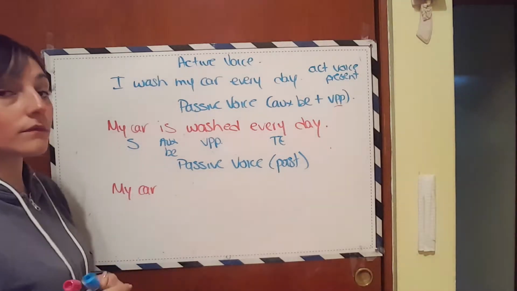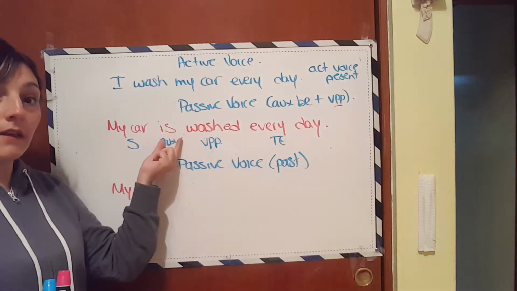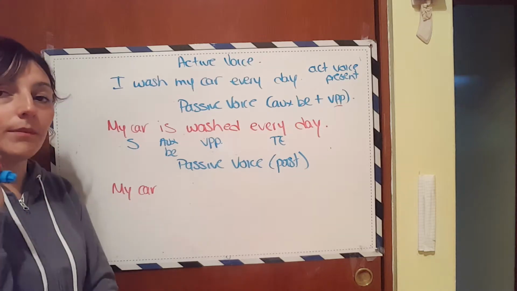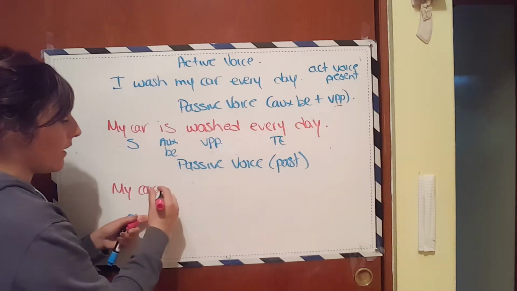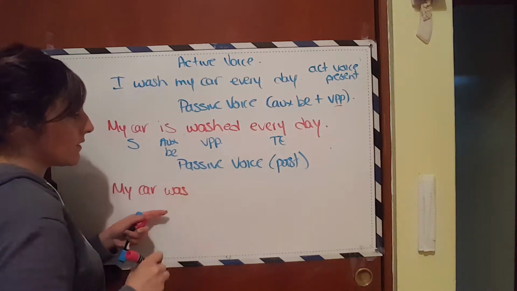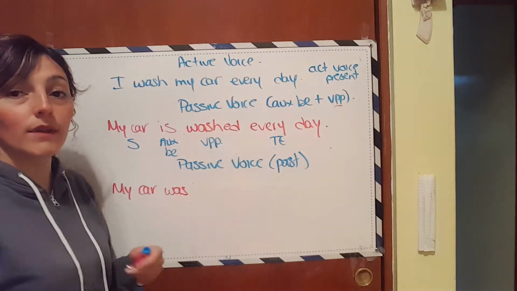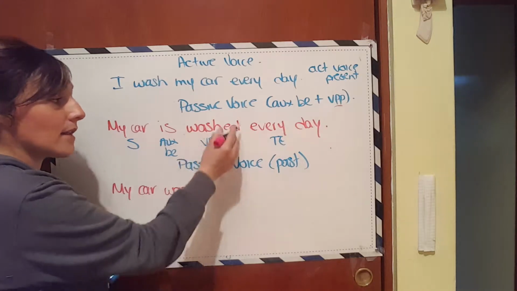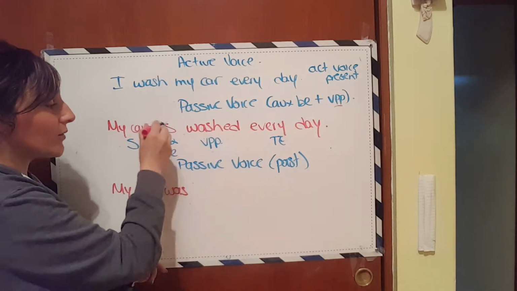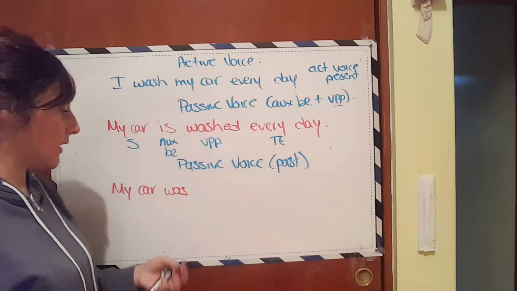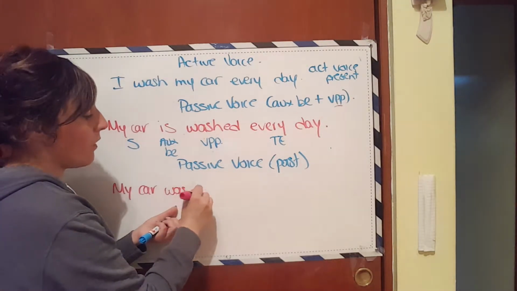Yes, my car is in present. In the past, what is the past of is? Was. Okay, so my car was, and I continue with the same form of the verb. This never changes. Okay, the only thing that I'm going to conjugate is my auxiliary to be. My car was washed.